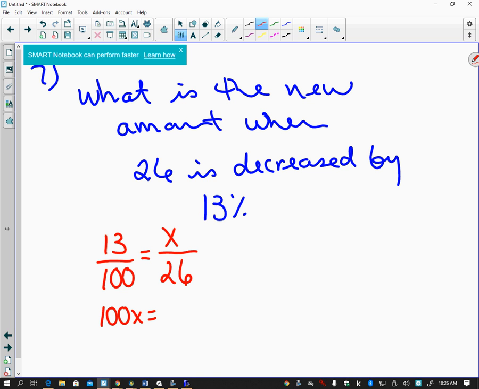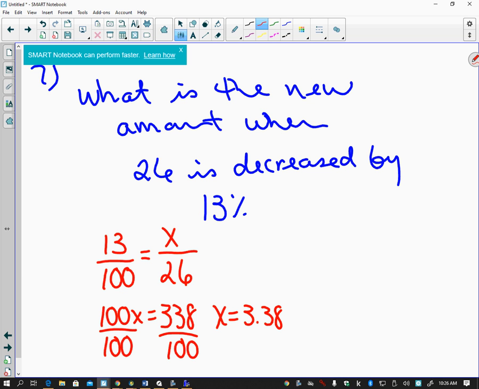Okay. Now what? What's 13 times 26? $338. Okay, so now what do we do? Divide by 100. Okay. So you should get something like x equals 3.38.